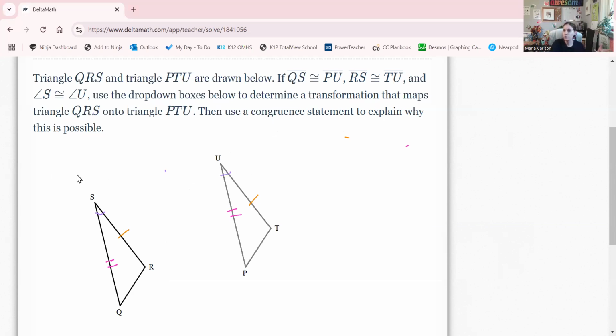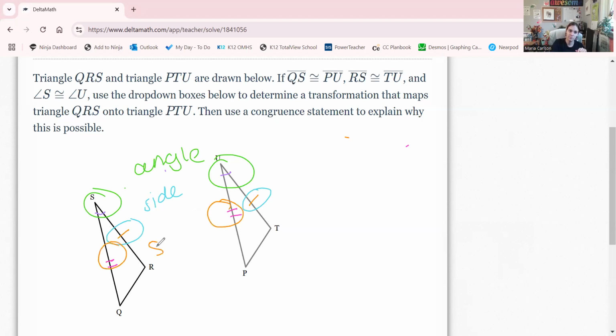So how do I know these two angles are congruent? Well, I have a set of sides. I have the angle in between two sides that we know. And then I have those other sides. So really, I should have written this maybe over here.